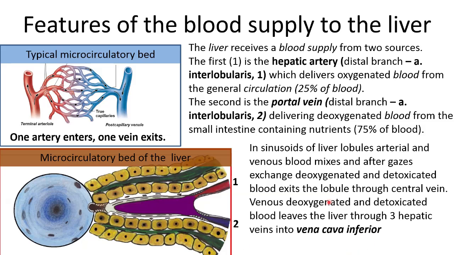Venous deoxygenated and detoxicated blood leaves the liver through 3 hepatic veins into the vena cava inferior. It's very important, we should remember it. So 3 hepatic veins we can find inside of the vena cava inferior.